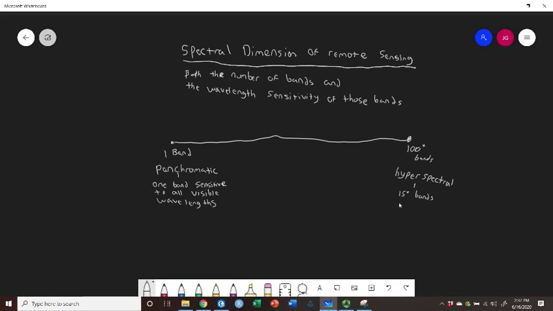And the key thing with hyperspectral here is they have very, let's do very in red, very specific wavelengths.